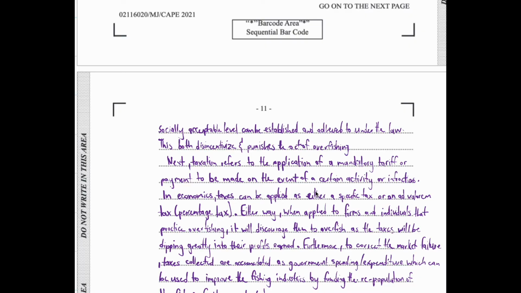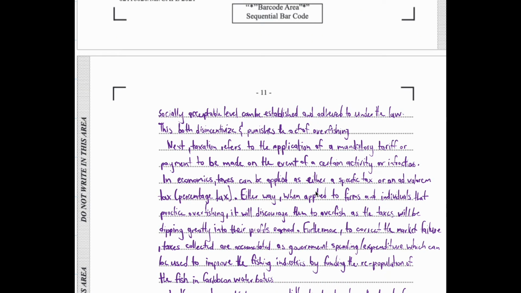Furthermore, to correct the market failure, taxes collected are accumulated as government spending or expenditure, which can be used to improve the fishing industries by funding repopulation of the fish in Caribbean water bodies. So, with this, we can see that the taxes would first of all strip them of those excess profits that they would be gaining from overfishing.